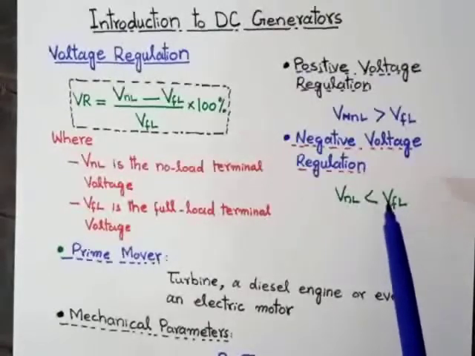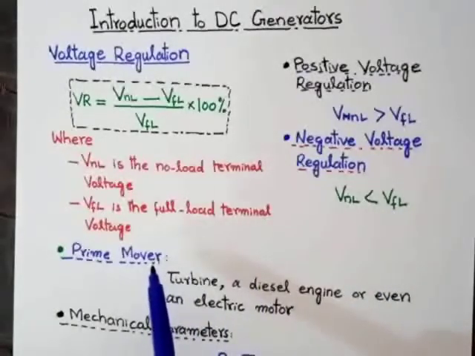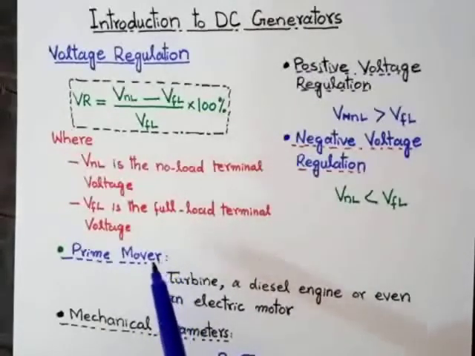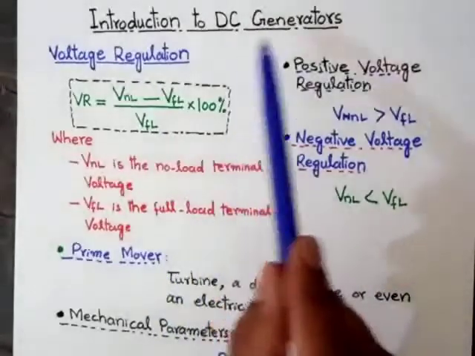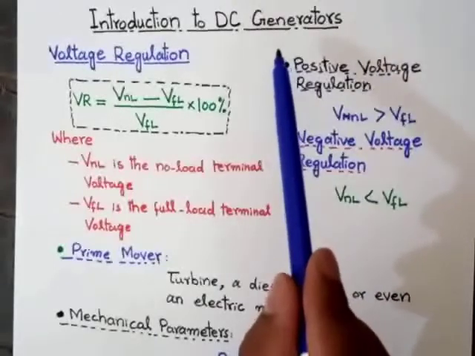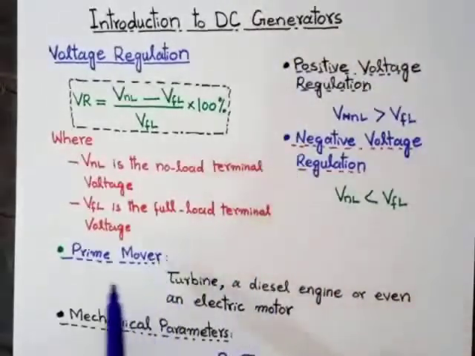As in case of any DC generator, input is mechanical power and output is electrical power. To rotate the rotor of the DC generator, we give mechanical power, which is usually called the prime mover.